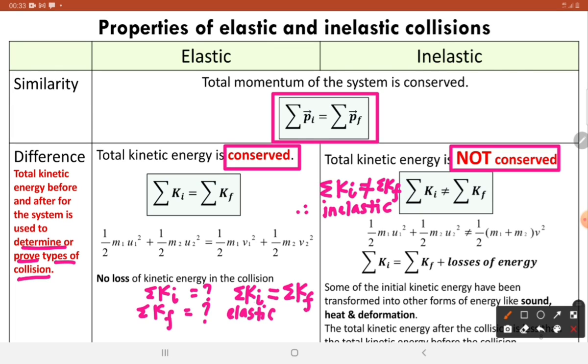Okay, do not prove the type of collision based on the statement that they stick together after collision or they move separately after collision, concluding that if they move separately it is elastic, and if they stick together and move with the same final velocity, it is inelastic.